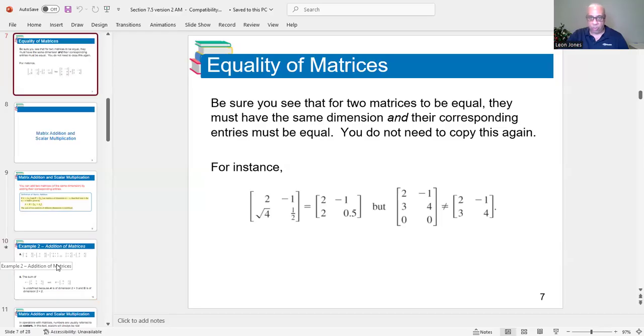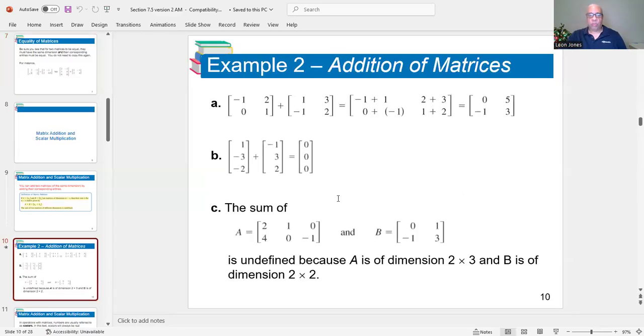As you know, the dimensions are unequal. So right here, you have a 2 by 3 matrix and a 2 by 2 matrix. Since their dimensions are different, the rule applies. This matrix is undefined, so you cannot do addition with this matrix.